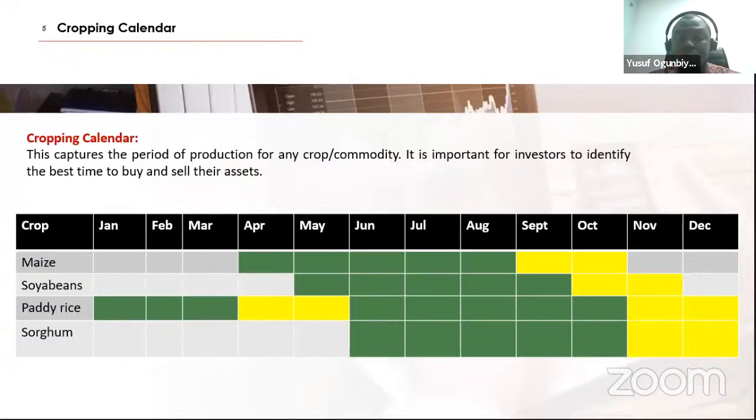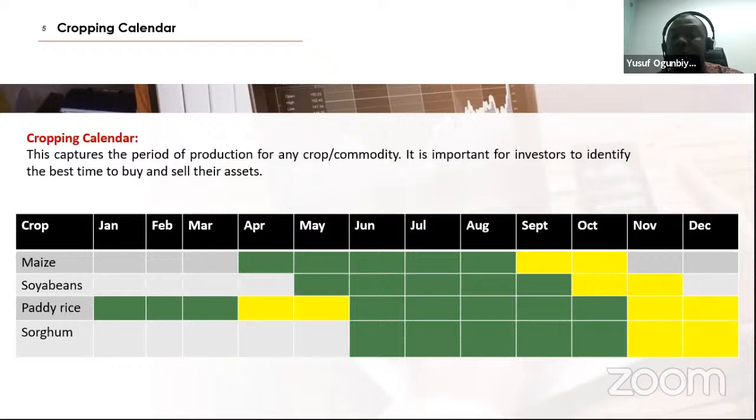So that means that you produce during a period and then you consume during the other period. What that means is that if you don't produce enough during that production period, you would have a deficit for the rest of the year. So this is one reason why we need to understand the cropping calendar.